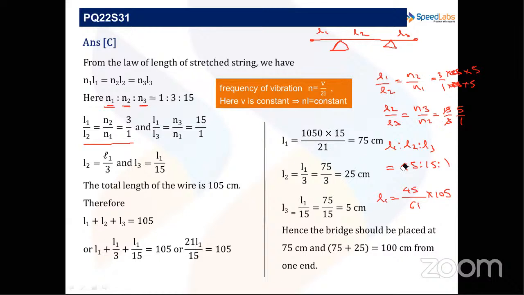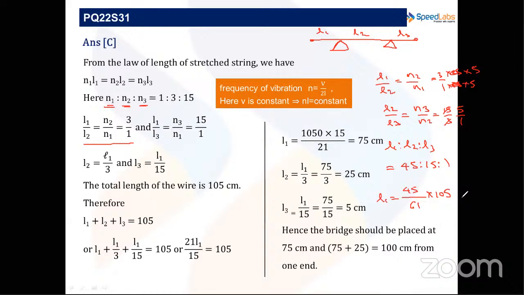That is 15:5:1. And here now find L1: 15 divided by 21 into 105, so this is 5 and you will get 75 centimeters. You can find L2 that is 25 and you can find L3 which is 5. They were asking all lengths.